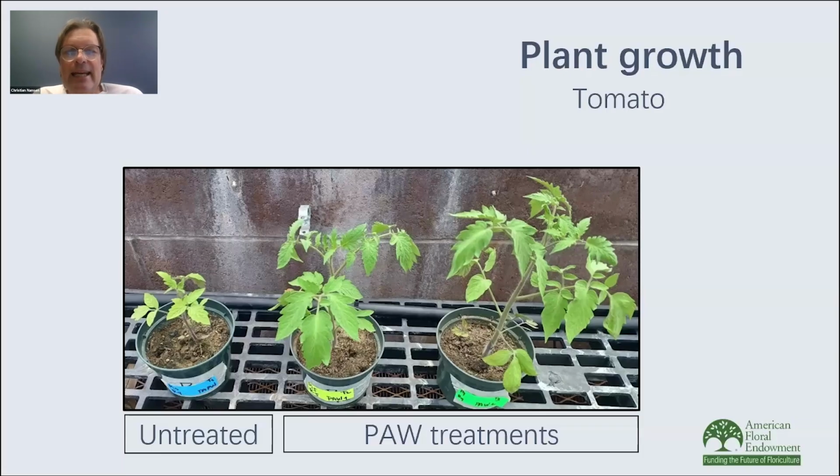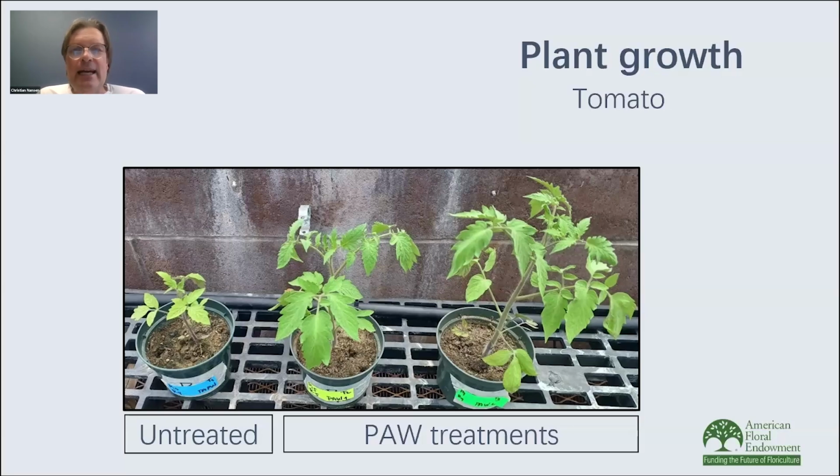So they were getting some more fertilizer. It's probably fair to say that the one to the left was under fertilized, so that's why it's a little bit yellowish. But you can see here the dramatic difference that there is definitely fertilizer in the PAW.